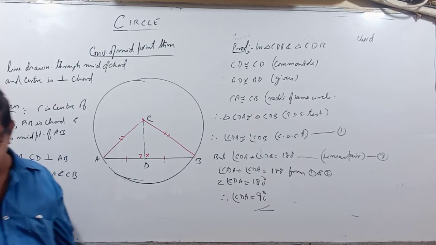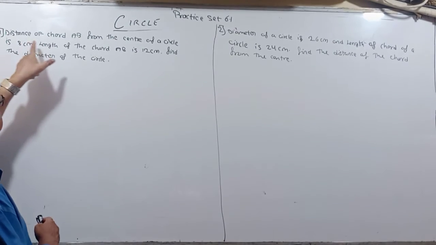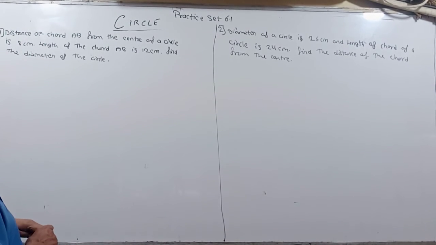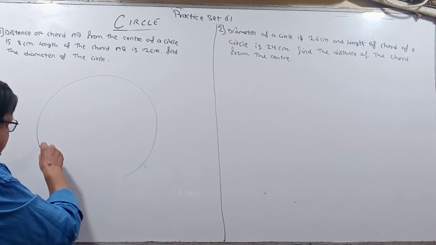Now we will go for the sums. Okay, students. Distance of chord AB from the center of a circle is 8 centimeters. We have to draw; at least a sketch is required.